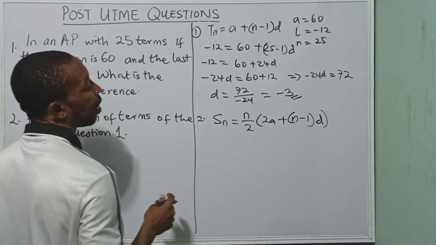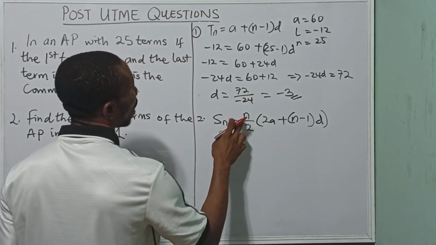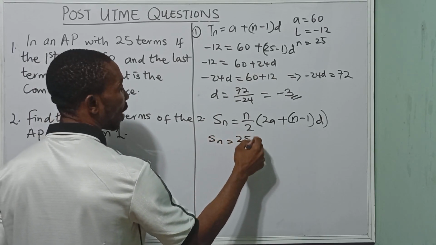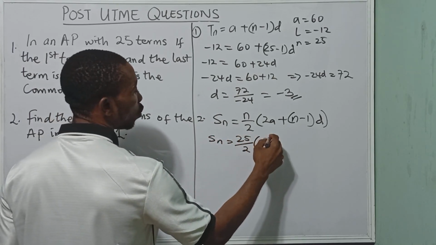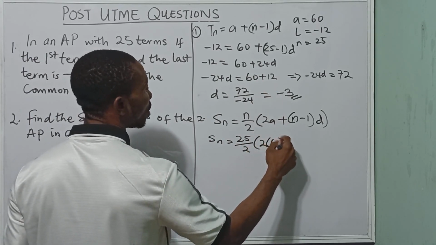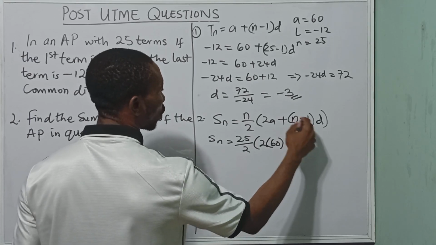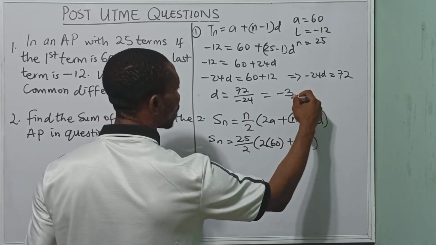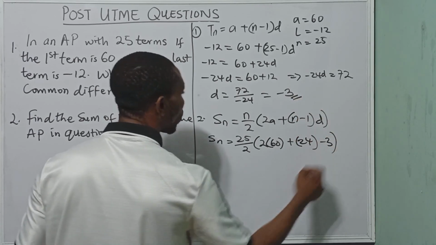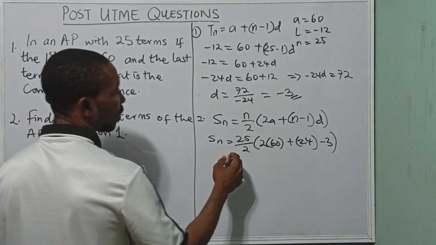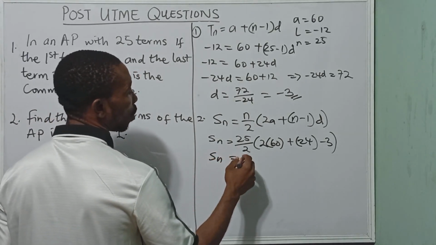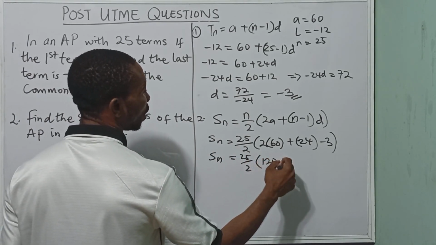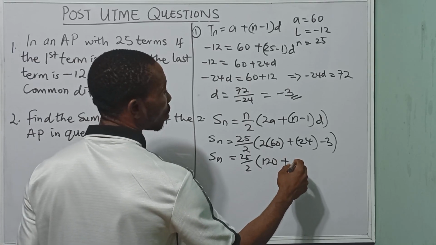Now our n is 25 over 2, 2a is 60 plus 25 minus 1, which gives us 24, times our d, which is minus 3.